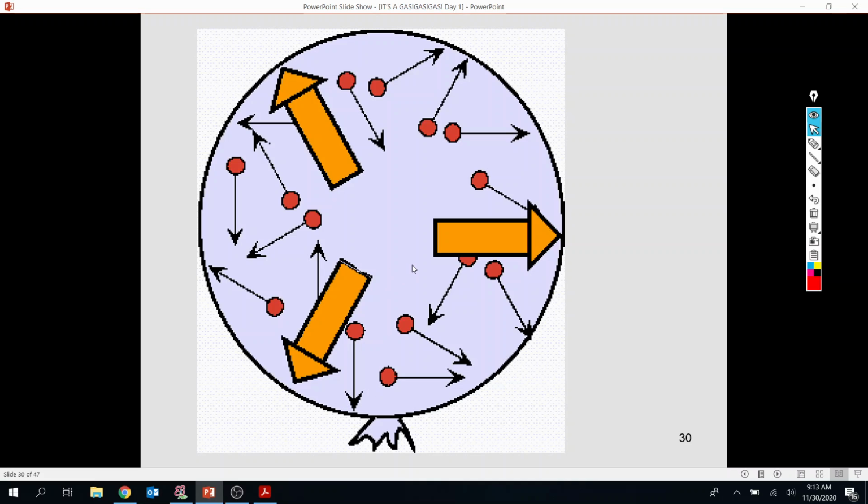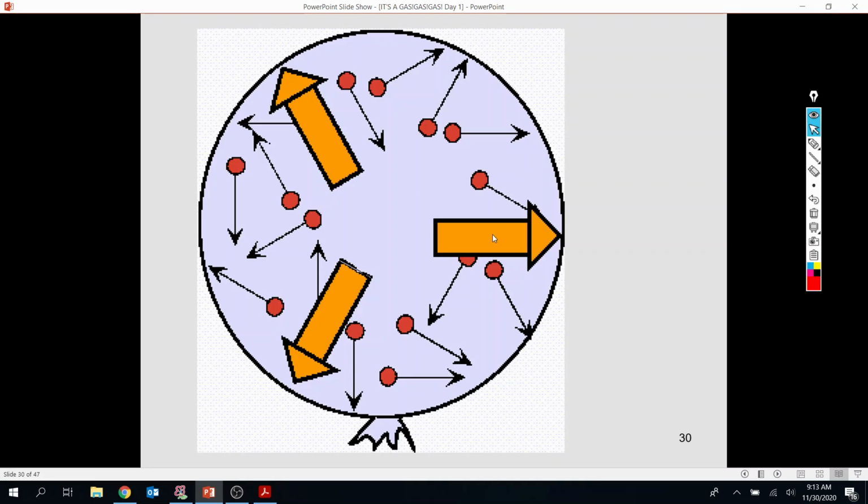All right, something interesting to know is that if I just have a balloon and I've just blown it up here in the classroom, you have molecules inside that are slamming into the walls of the balloon, but you also have molecules on the outside that are slamming into the walls of the balloon, and that is why it expands to whatever size it is. If I blow it up some more by putting some more air into it with my lungs, that puts a greater density inside, and so we have more pressure inside, and it expands.